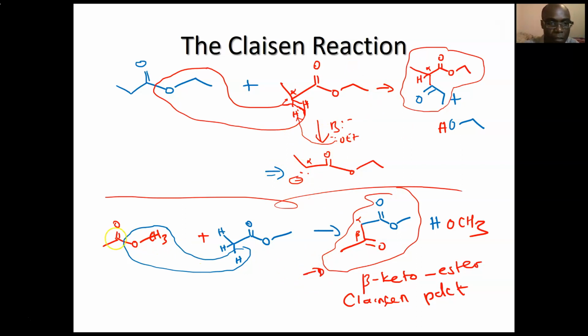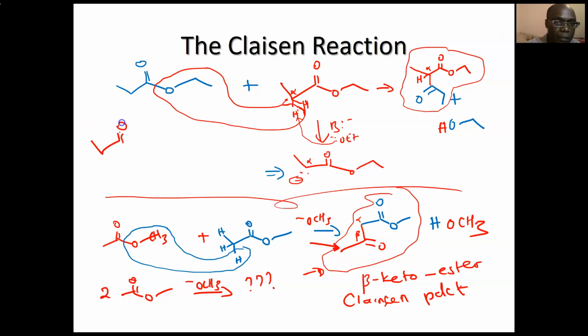So if I ask you what is the product when these two react, if the base is OCH3 again because I have an ethyl ester, this is the answer I'll be looking for. So here probably I'll ask, what is the product when two equivalents of these react in presence of a strong base? This is the product I'll be looking for. I just thought I should talk about that so you'll be clear with it.